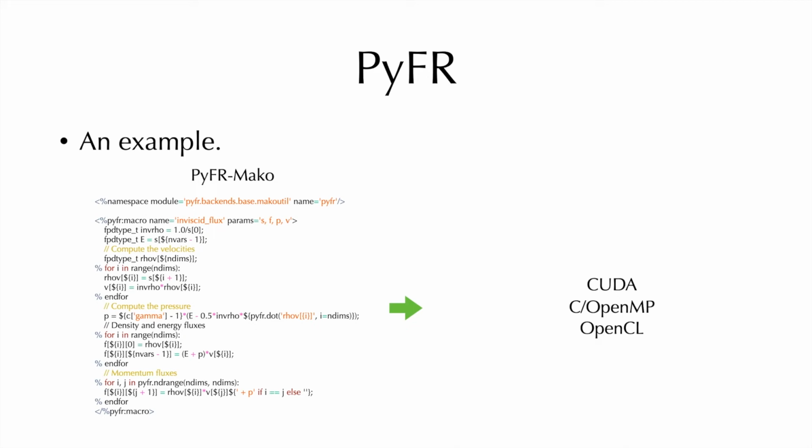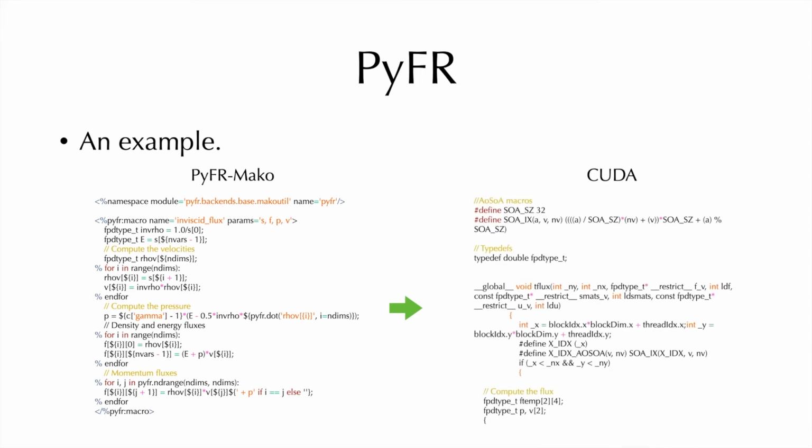For simplicity, I'll show what the CUDA translation looks like. So going here, what we can see is that this relatively simple kernel on the left-hand side has translated to something that's a bit obtuse and hard to parse on the right-hand side. And there are a few things I'd like to bring your attention to.